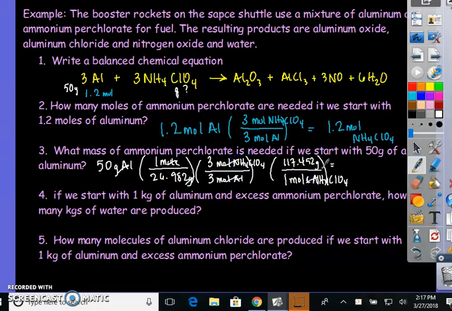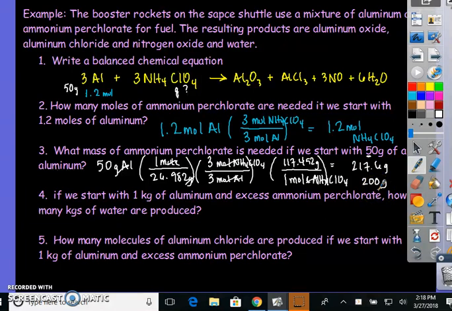You're left with grams, which is perfect. It's what I'm looking for. And I got about 217.6 grams of ammonium perchlorate.